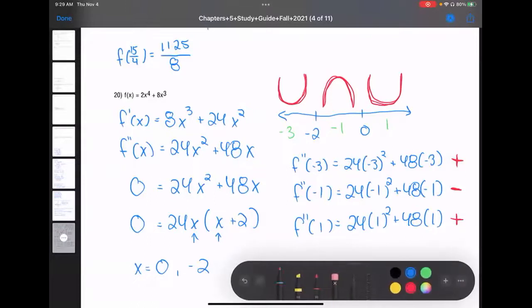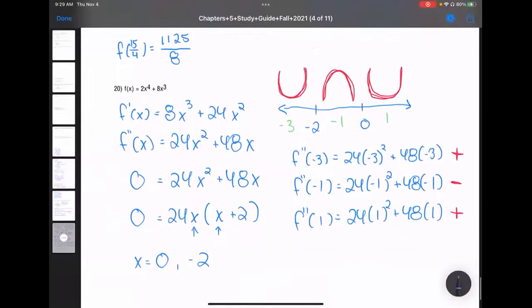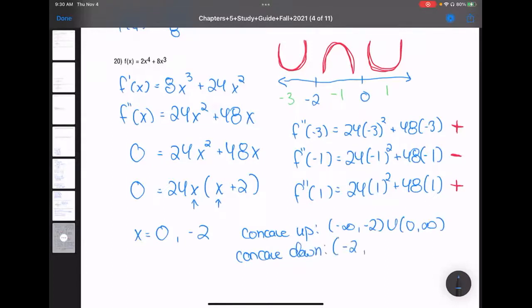Okay, so to write out these intervals, we would do concave up from negative infinity to -2 union with 0 to infinity. Concave down would be the interval in between, so -2 to 0.